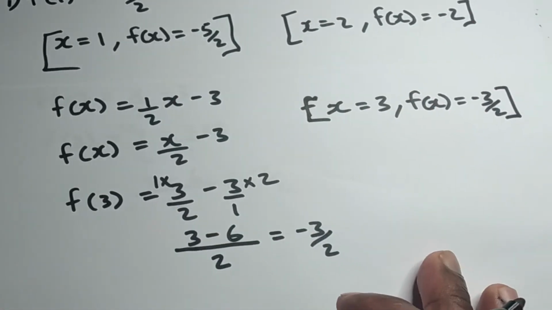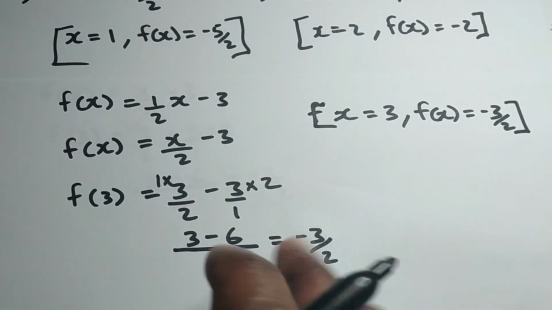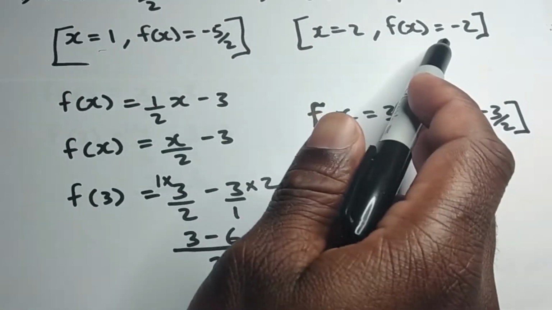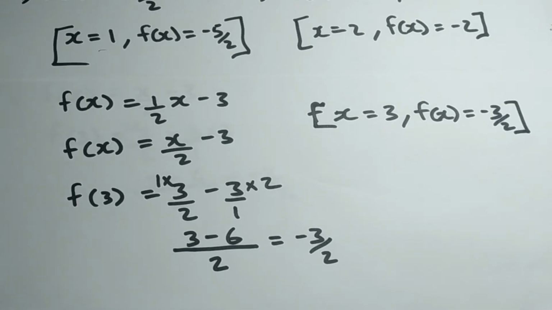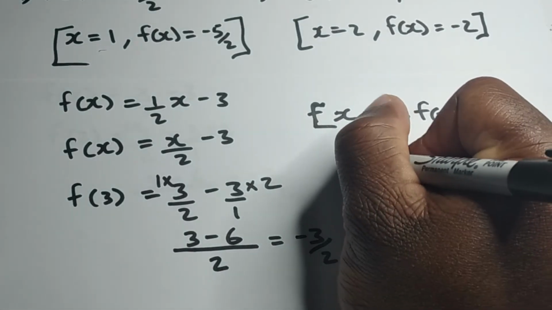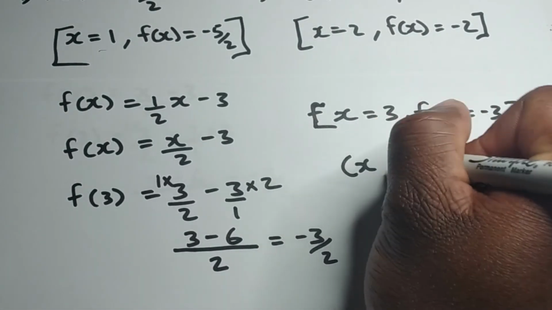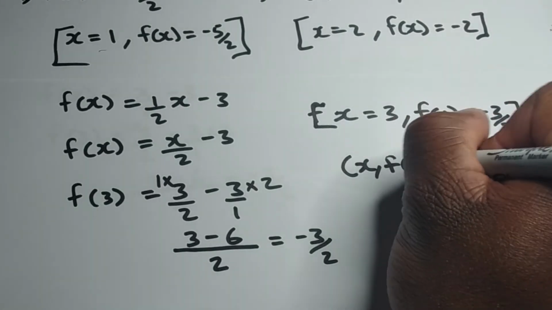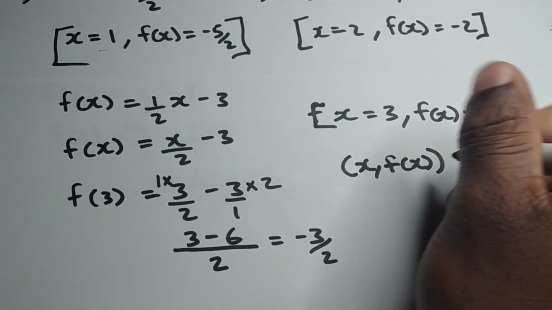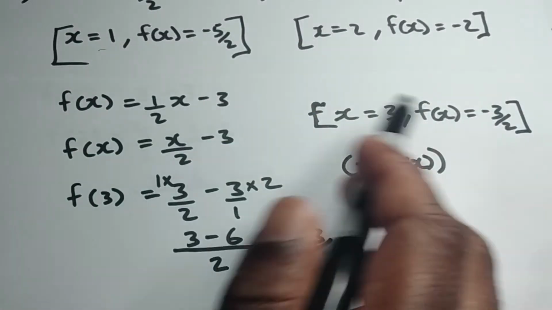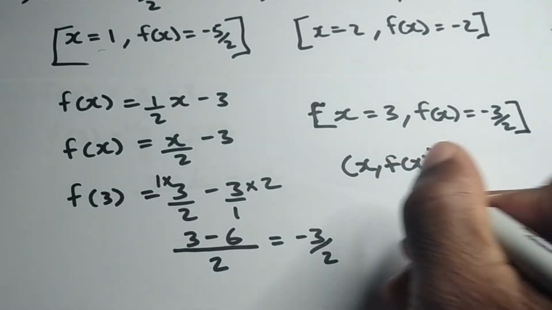So we can now write our ordered pairs for this function. And how do we write an ordered pair? We write x, comma, and the f of x value. We can obtain 3 ordered pairs from this, which is quite easy.